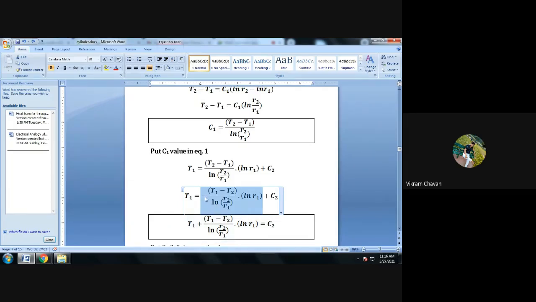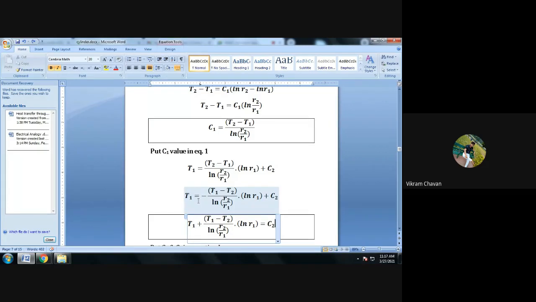When we shift this term to the left side, the minus sign becomes a plus. So T1 plus T1 minus T2 whole divided by ln of R2 divided by R1, multiplied by ln of R1, will provide you the C2 value. Everyone with me?